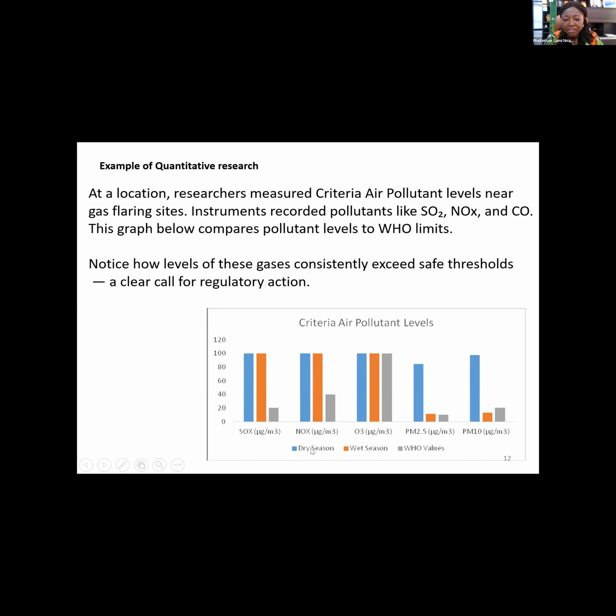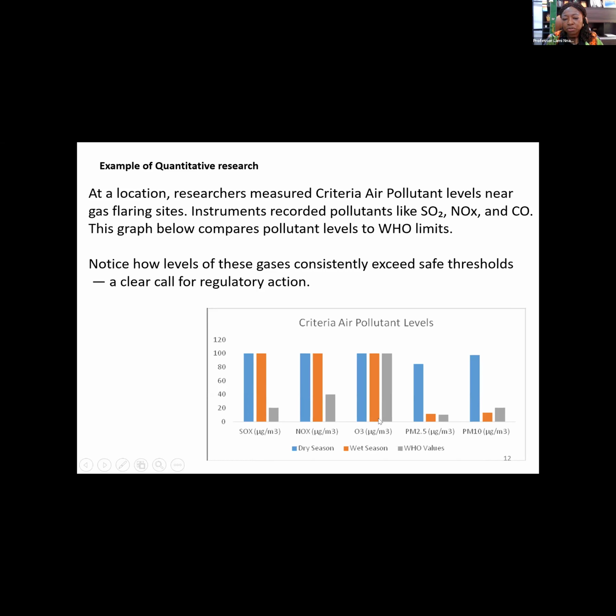Compared for dry season, wet season, and WHO values. You can see the WHO values are in ash color. And so in the wet season, you see the sulfur oxides are about the same concentration as in the dry season as well. So wet and dry season, they're about the same concentration, okay? But they are way higher than the WHO values.